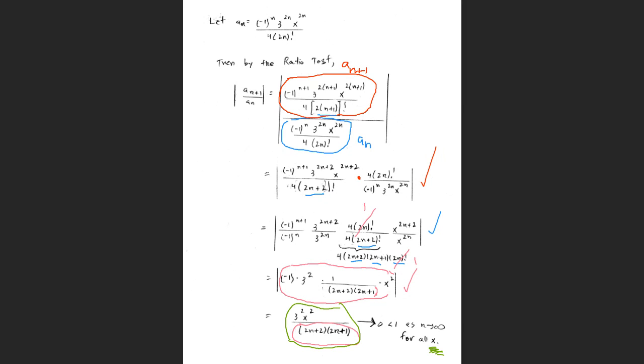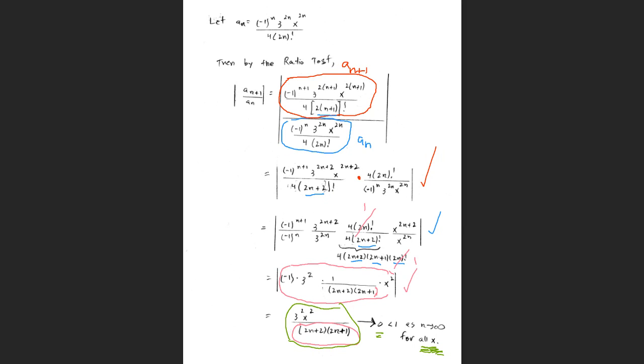So this power series, I'm going to say this the right way, the interval of convergence is going to be from negative infinity to infinity, because the ratio test says that the limiting ratio is going to be 0, and 0 is less than 1 for all x.